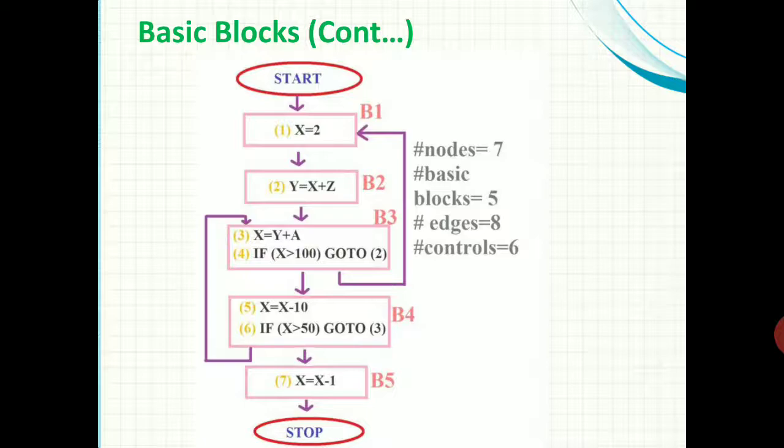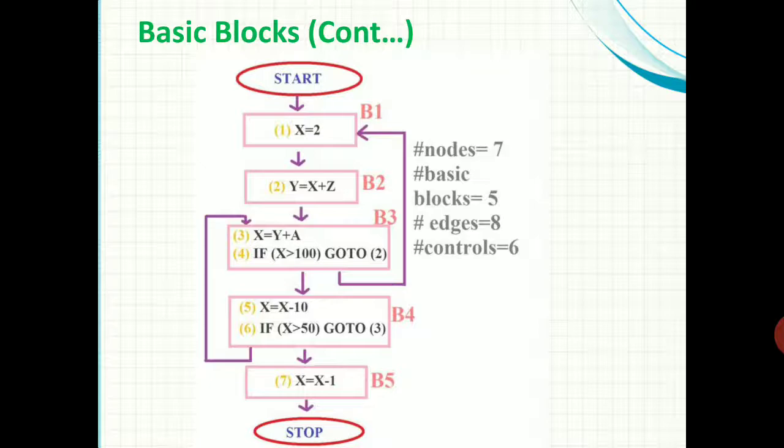The total number of nodes is 7, including the start and stop nodes, but the number of basic blocks is 5, that is B1, B2, B3, B4 and B5. The number of edges is 8. You can count the total number of edges in this graph: it is 8, but the control edges are 6.